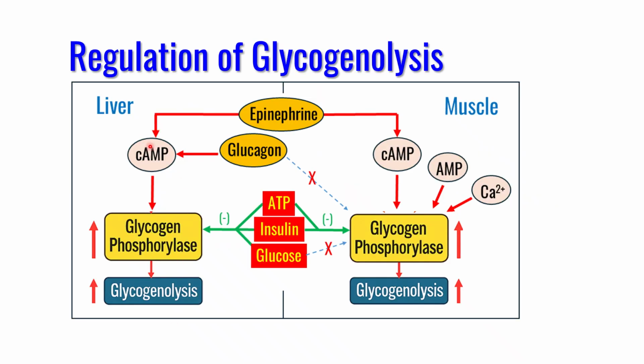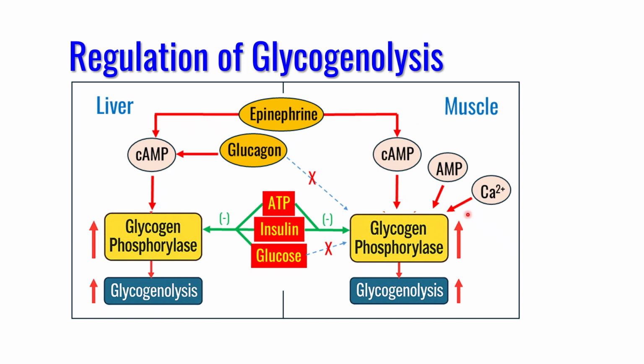Regulation of glycogenolysis. Regulation is partly similar and partly different in the muscle and liver. For example, glucagon activates this process only in the liver, whereas it has no effect in the muscle because muscle does not express glucagon receptor. On the other hand, epinephrine activates this process in both organs, liver and muscle, through a cyclic AMP dependent pathway.